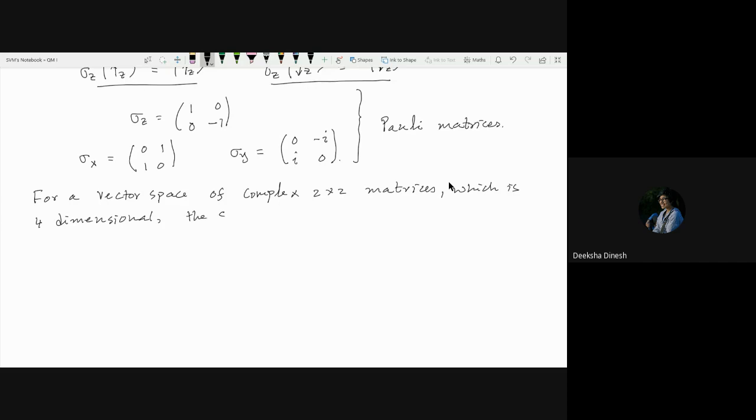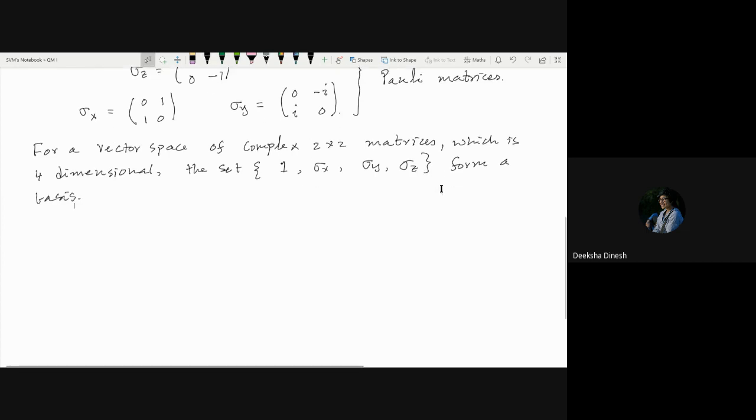The set given by the identity matrix, sigma x, sigma y, sigma z, these 4 matrices form a basis. That means any complex 2 by 2 matrix can be written as a linear combination of Pauli matrices. Okay, so this is very useful. Even though we may not use it now, later if you go on to study something called density matrices, this will be a very useful concept.